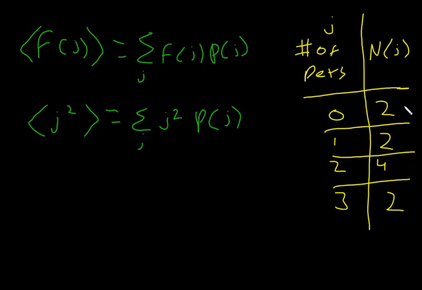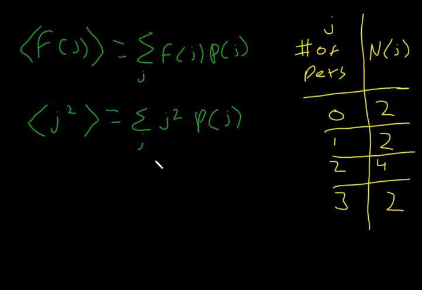Then if you just do the normal way, 0 plus 0 plus 1 plus 1 plus 4 plus 4 plus 4 plus 4 plus 9, and then divide again by the total number of responses, you'll get the average value of j squared. But we can do it this way too, going from 0 to 1 to 2 to 3, and what you'll get for the expectation value of j squared will be 3.6.